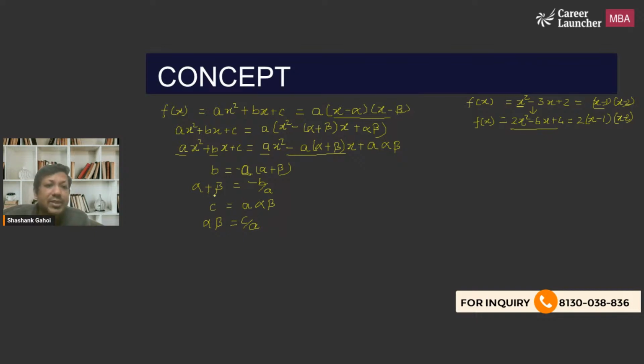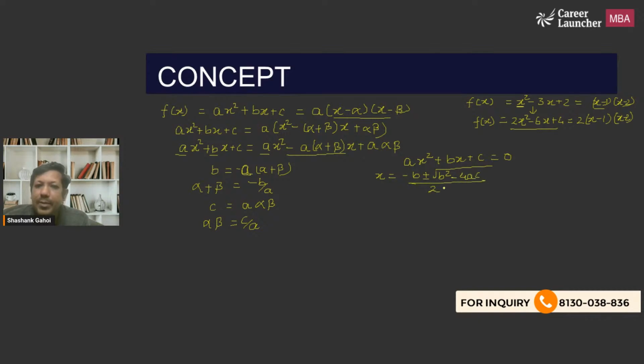Now, so this is about sum of roots, product of roots. Now let's say I have a quadratic equation, that is ax square plus bx plus c, right? And that is equal to 0. So what are the roots I am going to have? We have already studied that. We have seen this at the start of the session as well, that every root is defined as x is equal to minus b plus minus root of b square minus 4ac upon 2a.